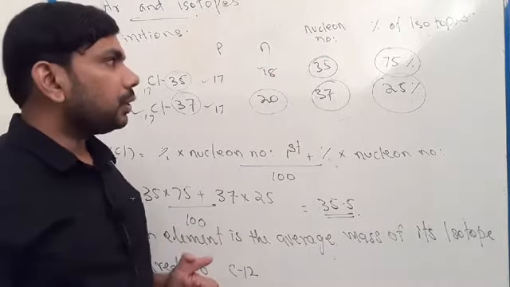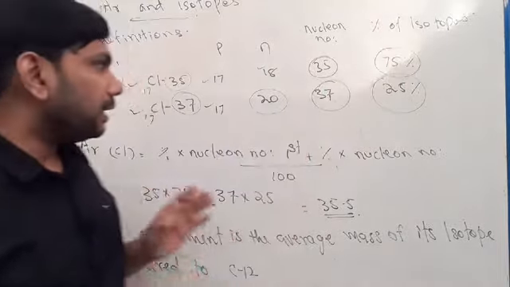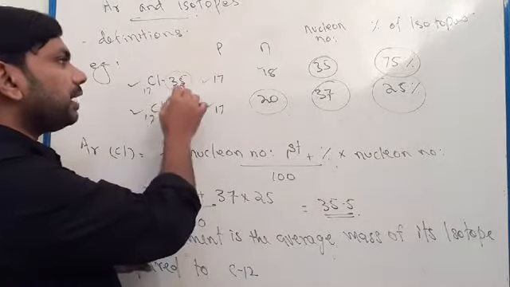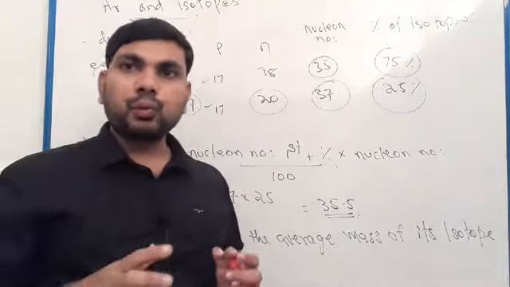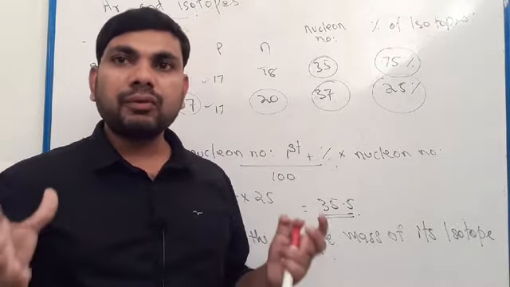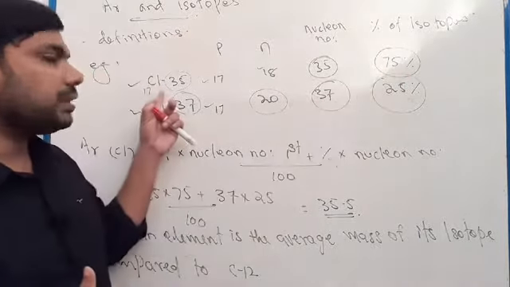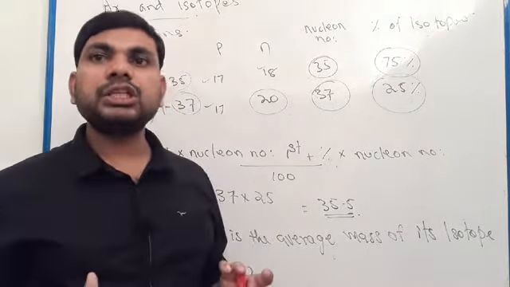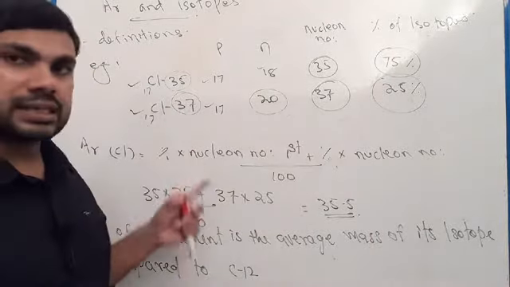Last, the percentage of these isotopes in nature. In nature, chlorine 35 is available at 75%. Out of 100, when you consider the total availability of chlorine, 75% is chlorine 35 and 25% is chlorine 37.